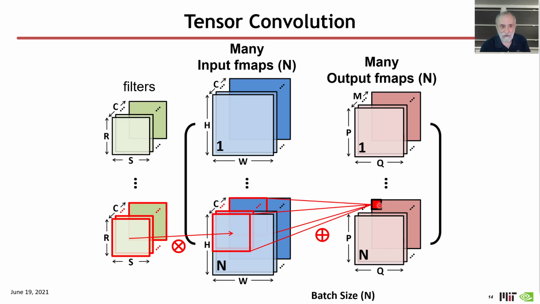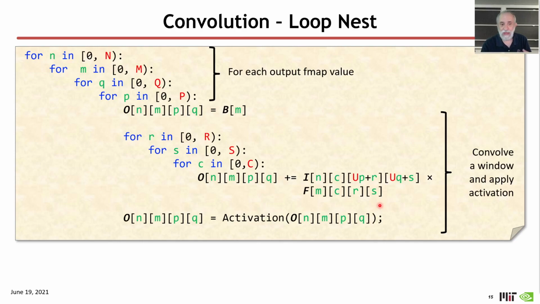This is a complicated computation, and it could be represented by this loop nest. And so what we have here are the for loops over these various dimensions. So we're going to generate an output for each of these dimensions. And for each of these dimensions, we're going to do a convolution.